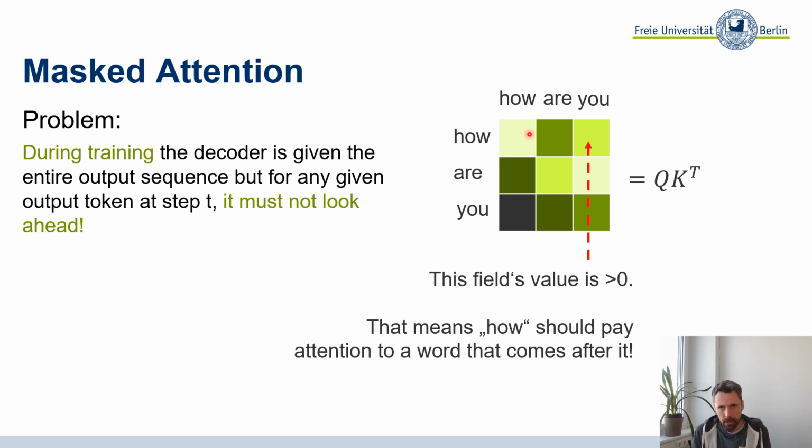We'll put in our BOS token, our beginning of sequence token. And so the decoder will receive this one token, and then we'll be generating the next output, actually the first word of the sentence, and then we'll have this word and the BOS token, so two tokens as input, and we'll generate the third, and so on.